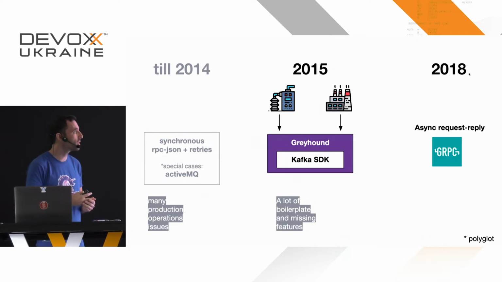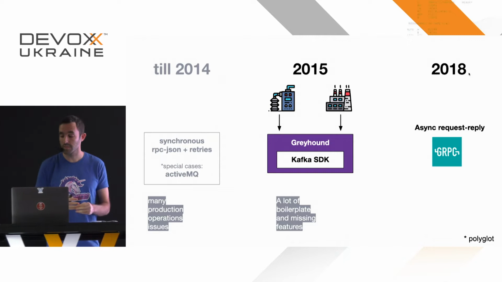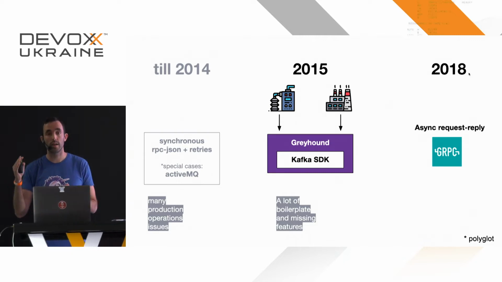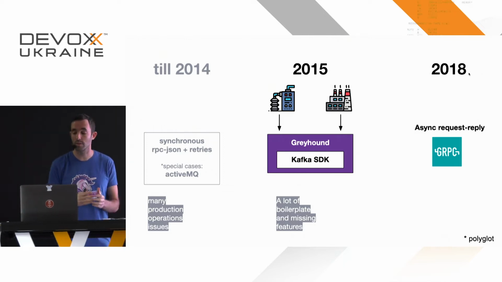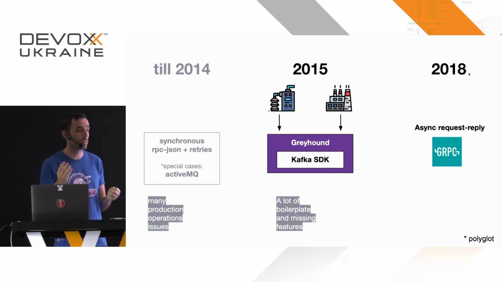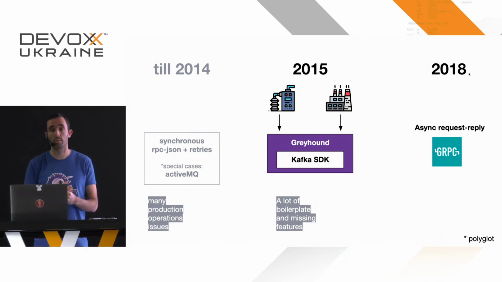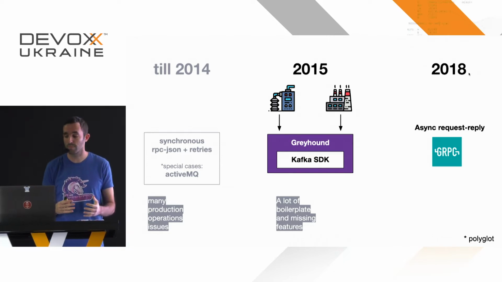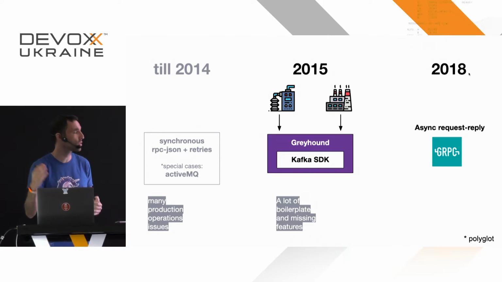And just to complete the picture, in 2018, we moved from RPC to asynchronous request reply model with gRPC. For those of you who don't know, gRPC is Google Remote Procedure Call, which takes advantage of HTTP2 protocol and streaming.